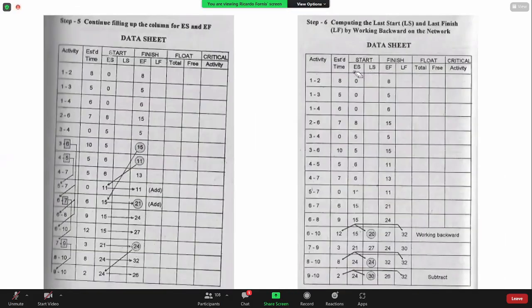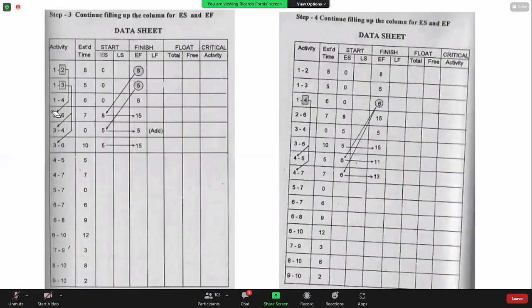What we had earlier as early finish becomes the early start of the next activity. The early finish of the preceding activity 1, 2 becomes the early start of the following activity 2 to 6.